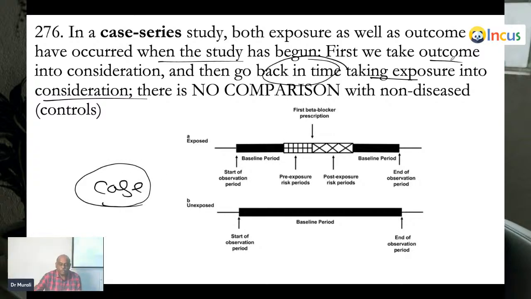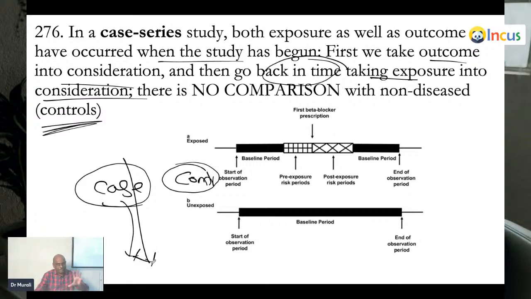So you are taking the outcome into consideration and you are going back and analyzing their exposure status. But in case control, you have cases and controls. But here, no comparison with controls. Only cases, you have taken cases. And then you are checking in them retrospectively how many were exposed and not exposed. Then that becomes a case series study.